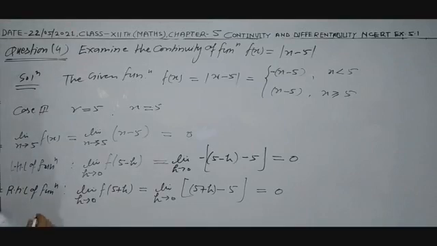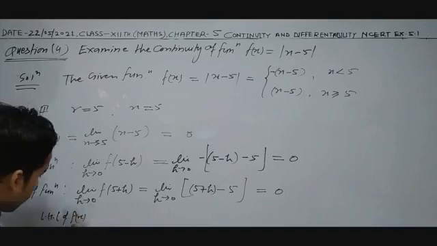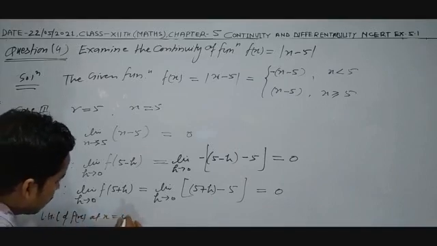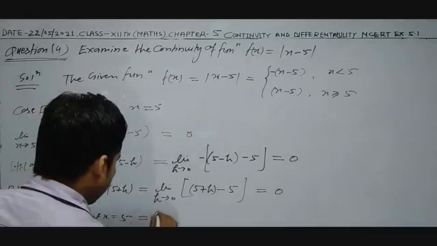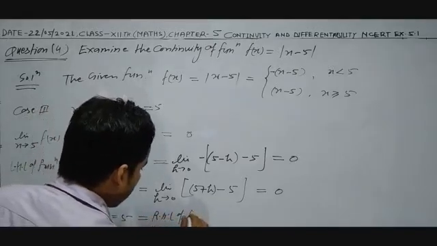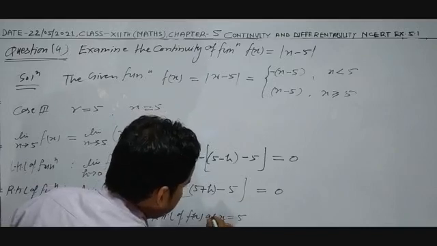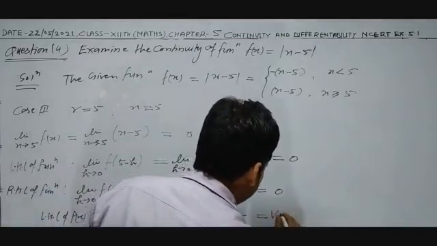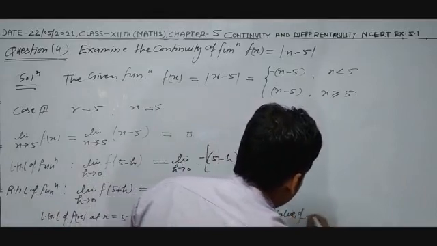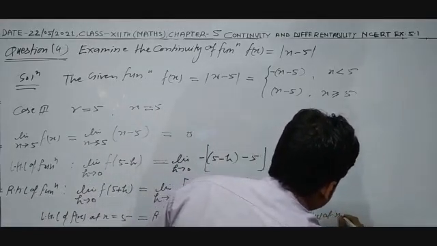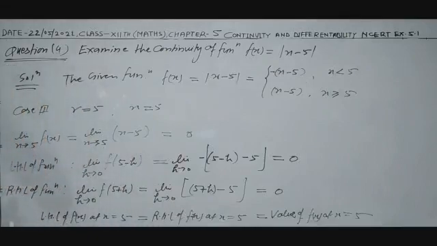Since LHL of f(x) at x equal to 5 is equal to RHL of f(x) at x equal to 5, which is equal to the value of f(x) at x equal to 5, the given function is continuous everywhere.